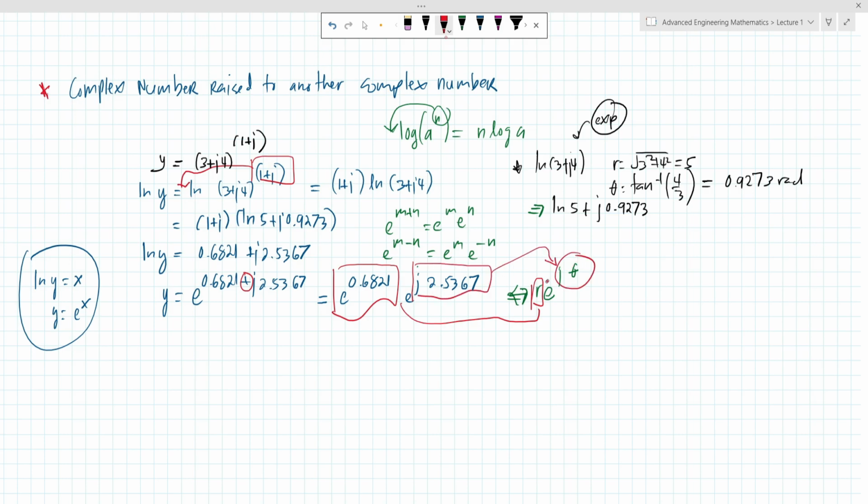What do we mean by that? The value of e raised to 0.6821 is our r.